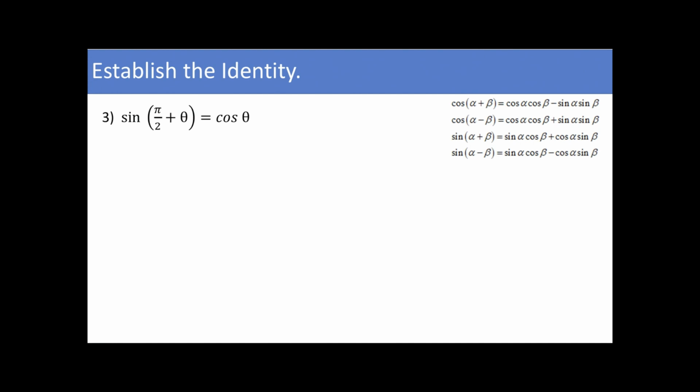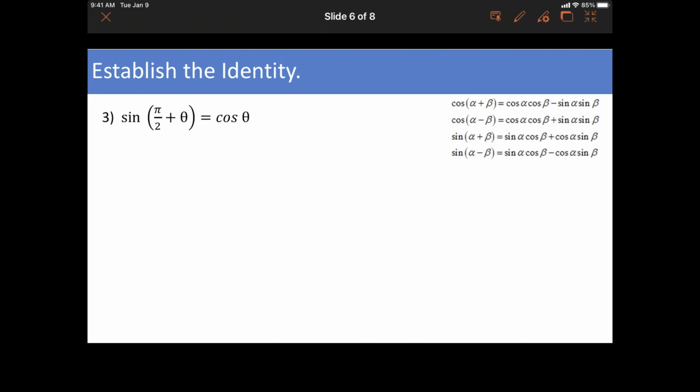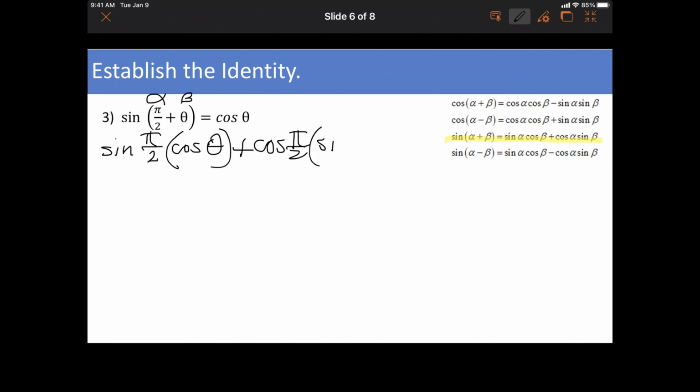We're going to use one of the sum formulas and just do what it says. This is going to be alpha, and this is going to be beta. So sine of alpha, pi over 2, times cosine of beta, which is theta, plus cosine of alpha, which is pi over 2, times the sine of beta, which is theta.